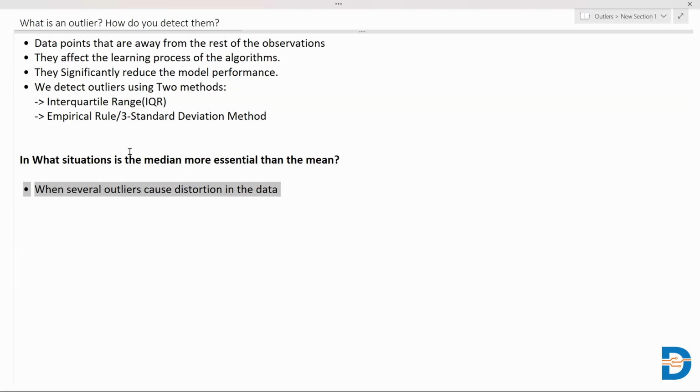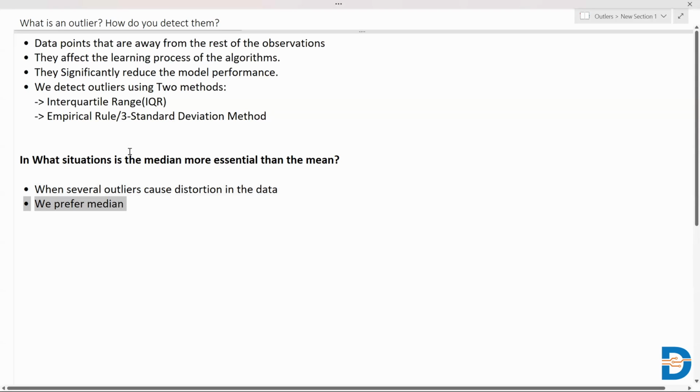But if the data is distorted in some way, like it has some skewness or kurtosis, that can happen because of the presence of outliers. When there is skewness, either on the positive side or on the negative side, the mean, median and mode will all be different because the distribution is not a normal distribution anymore. In that kind of situation, we consider median the best option. We prefer median specifically when there are outliers present in the data.